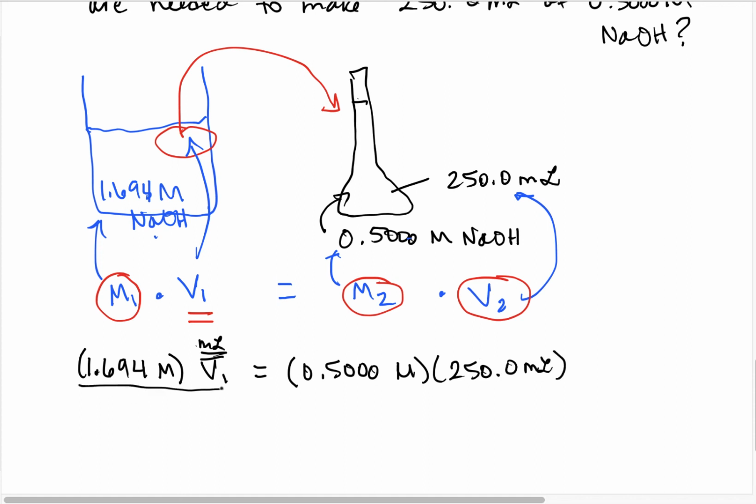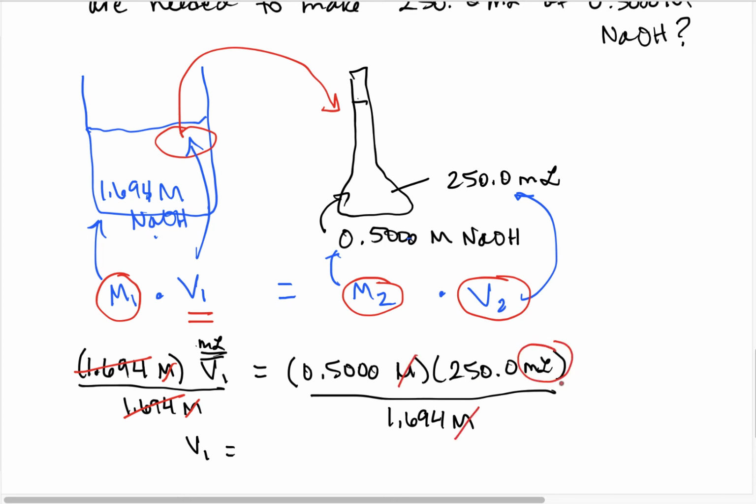If I divide the 1.694 molar out of both sides so I can solve for the volume, V1, look what happens to the units. My molarities cancel out, my numbers cancel out, of course, that's what's supposed to happen. I'm left with milliliters, which is in fact the volume unit I wanted. So I don't have to cancel units in this case because my molarity units already cancel out and I actually wanted milliliters.